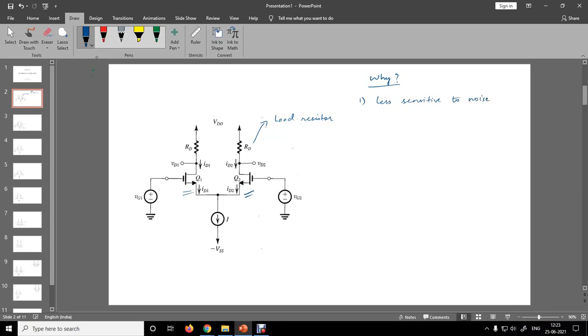Say, for example, if you look at this circuit, here if I have some delta V noise being introduced, because of that noise you have a delta I introduced in your current also.